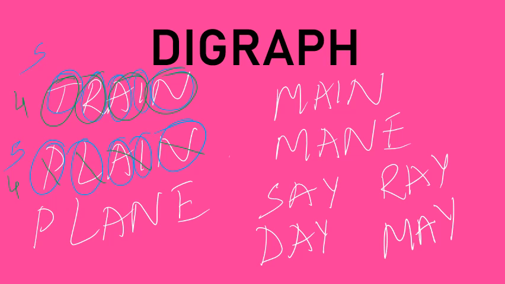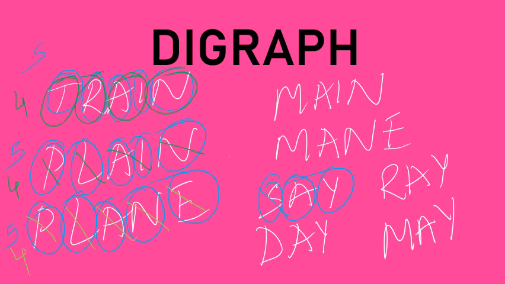Next, P, L, A, N, E. Five letters. And again, let us count the sounds. P, L, A, N, four sounds. Here again, say. One, two, and three.